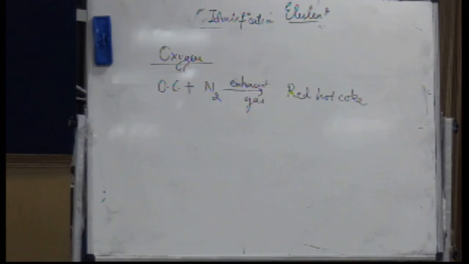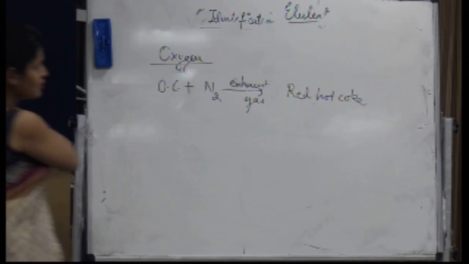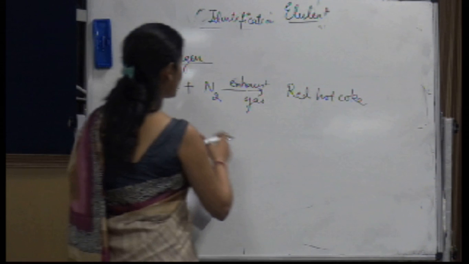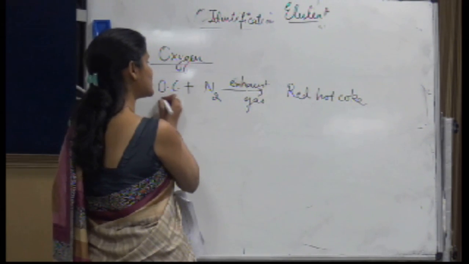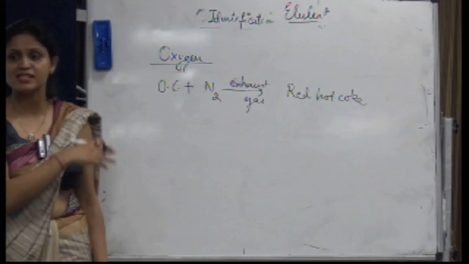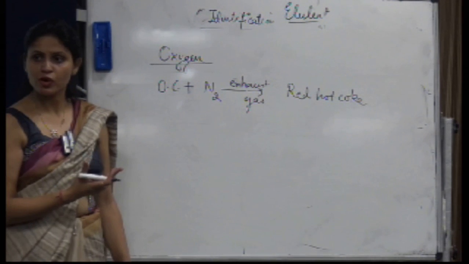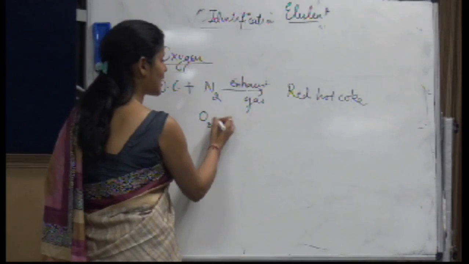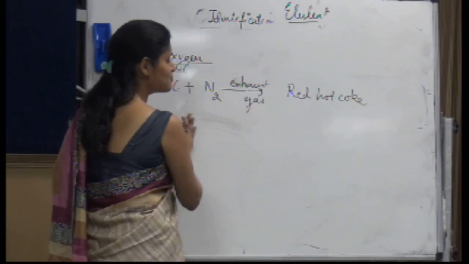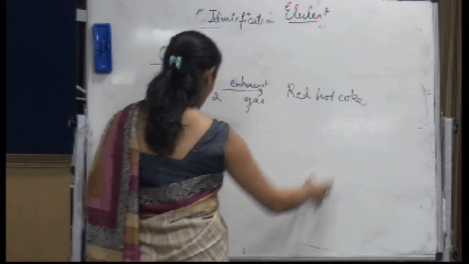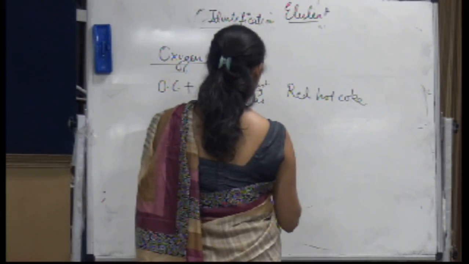What is red hot coke? High temperature coal. Red means it is at very high temperature. Obviously, when you are burning the organic compound in presence of dinitrogen, the oxygen would form, and this mixture of gases, oxygen and nitrogen, we are passing over red hot coke, which would form carbon monoxide.